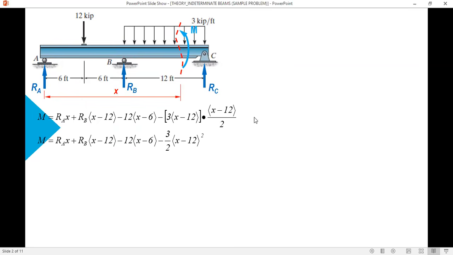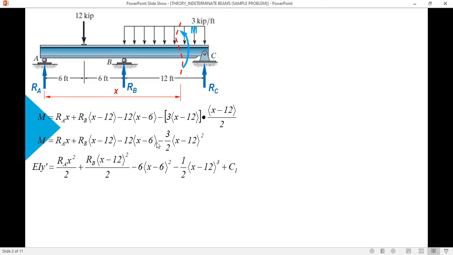Okay, so after this, we integrate and we have this expression. EI times y prime or dy over dx, integral of this one. Integral of each term. Integral of RA x is RA x squared over 2 and so on.